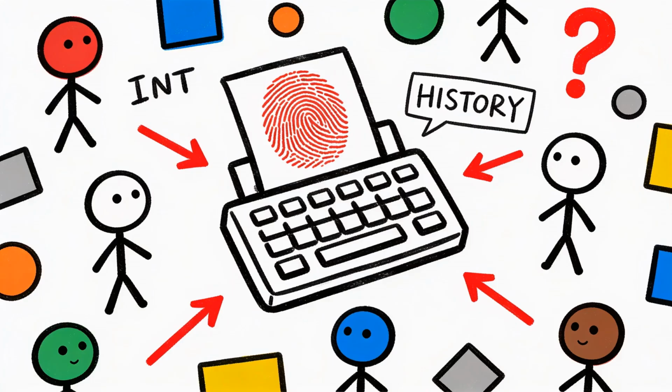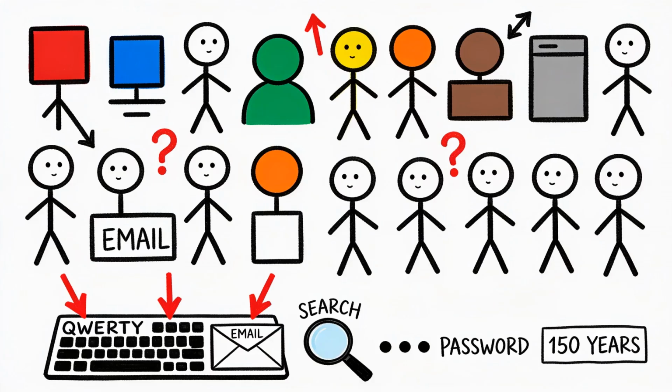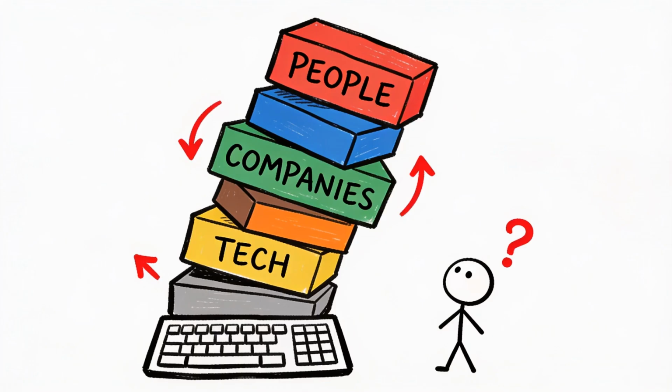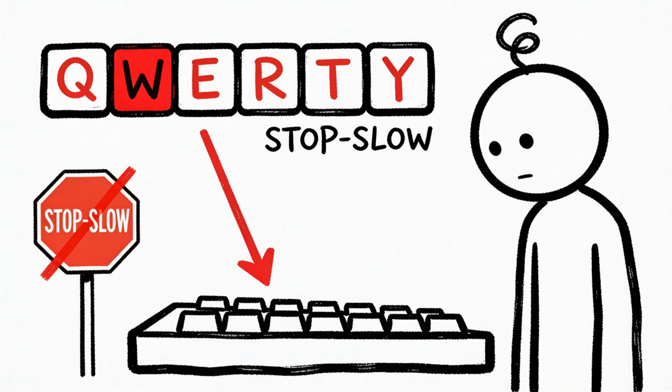It's a reminder that history leaves fingerprints on everyday life. Every email you send, every search you type, every password you enter begins with a design whose origins stretch back nearly 150 years. Not because it's unquestionably the fastest layout ever invented, but because millions of people, companies, and technologies built on top of it until changing course became almost impossible.